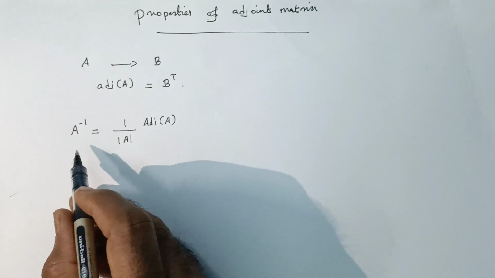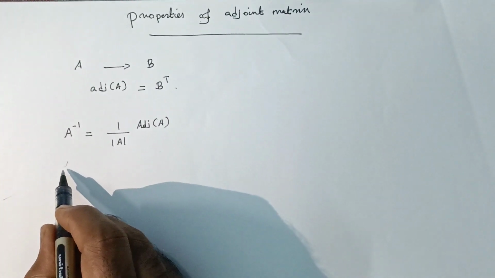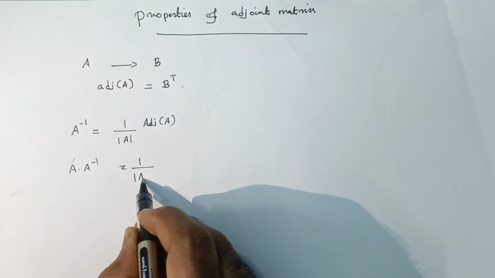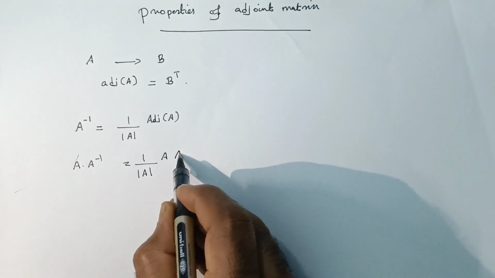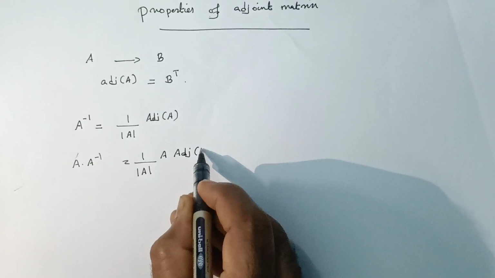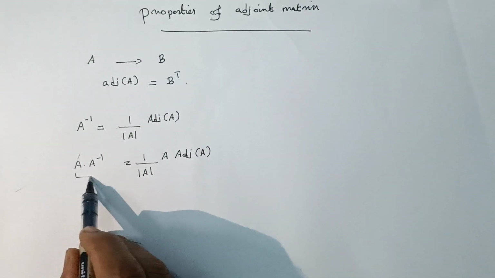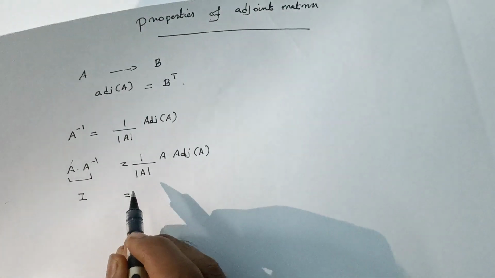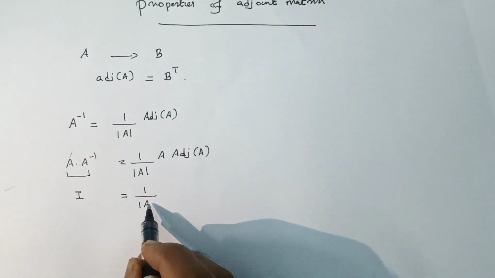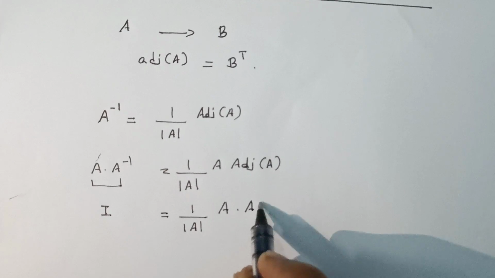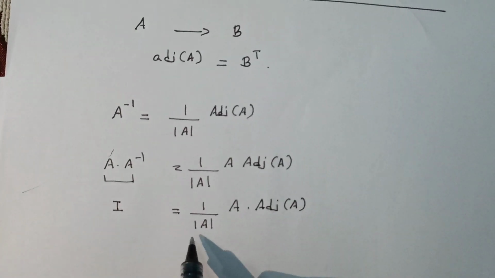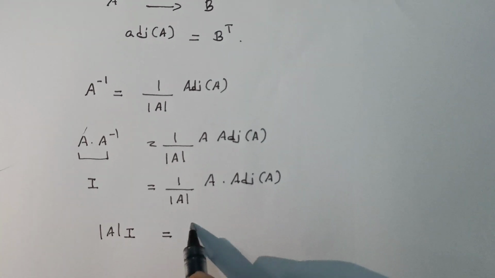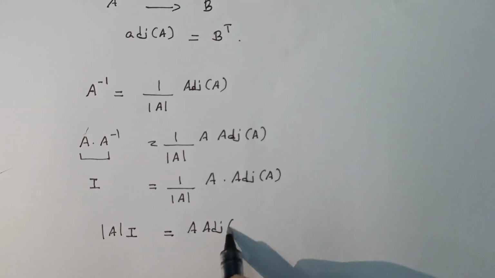That is, we are multiplying the given equation by a matrix A. It is A into A inverse equal to 1 by determinant of A into adjoint of A. We know that for any matrix, A into A inverse equal to the identity matrix I. So I equal to 1 by determinant of A into adjoint of A. Cross multiplying, determinant of A into the identity matrix I equal to A into adjoint of A.